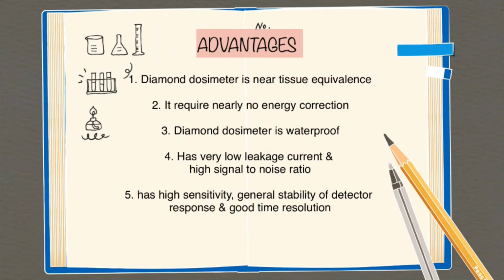Other advantages in diamond dosimeter are high sensitivity, general stability of detector response, and also good time resolution. Don't forget, they are suitable for usage in high dose gradient region, especially in stereotactic radiosurgery.